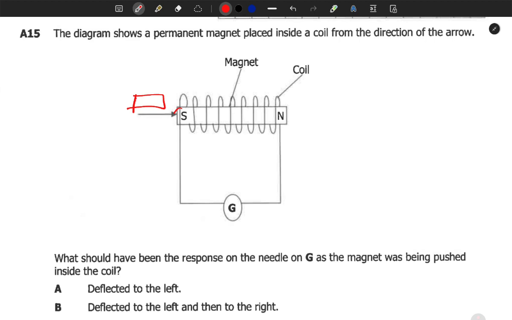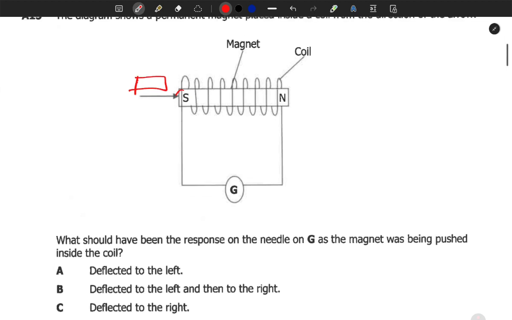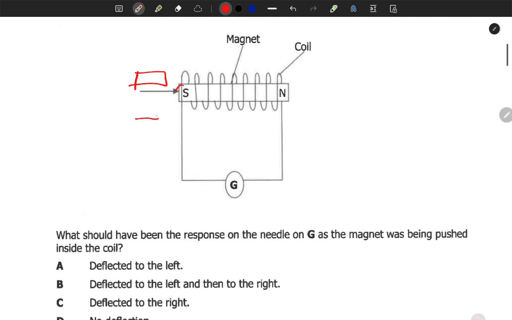Well, if we push this magnet, by electromagnetic induction there will be an EMF, which is electromotive force, which will be induced.